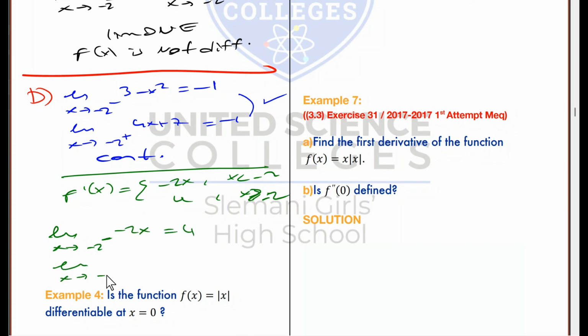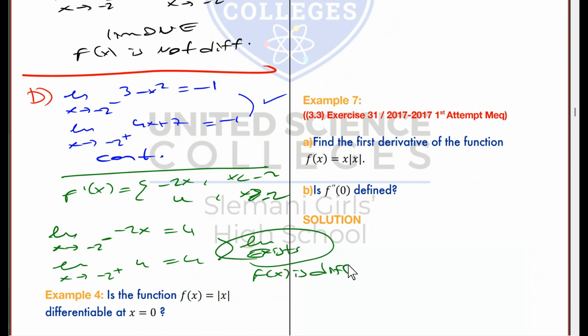Limit as x approaches negative 2 from the right, whose function is 4, which is also 4. So the right-sided limit is equal to the left-sided limit. The limit exists, then the function is differentiable at x equals negative 2. In other words, f prime of negative 2 is defined, whose value is 4.